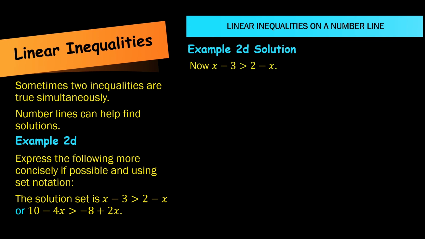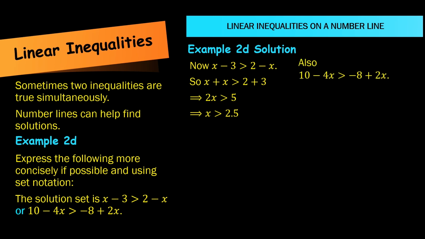So solving the first inequality, we have x is greater than 2.5, and the second inequality we tidy up, taking all the constants to one side and the x's to the other, gives us 18 is greater than 6x, and finally dividing through by 6 gives us x is less than 3.